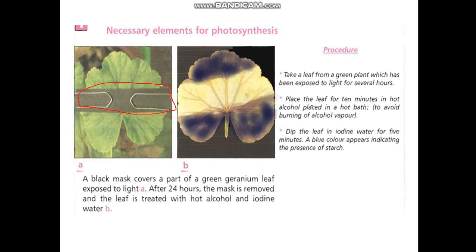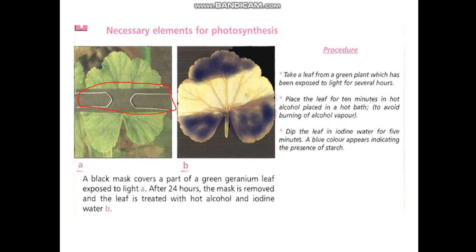I explained it in the experiment in the previous period. Yes, hot alcohol is used for decolorization, to remove the green pigment chlorophyll from the leaves of green plants. Why do we put it in a hot water bath? To avoid burning of alcohol vapor.